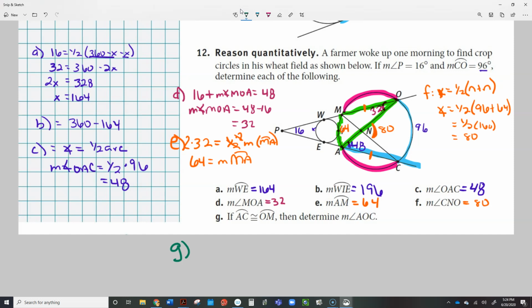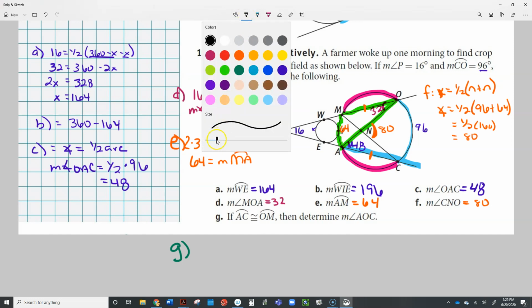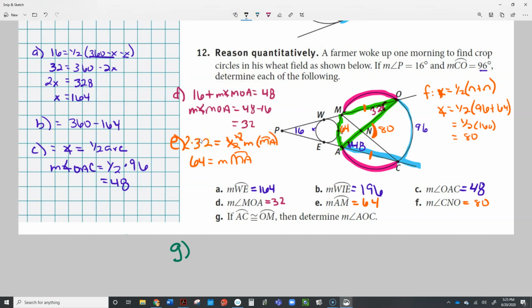Okay, so AOC is not even drawn up there, so let me draw it right quick. I'm going to make it smaller so that it matches this. So we're going to draw C in here. AOC. So that's what they want us to find.